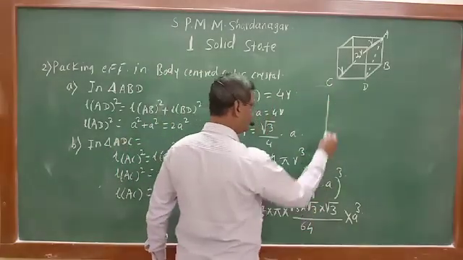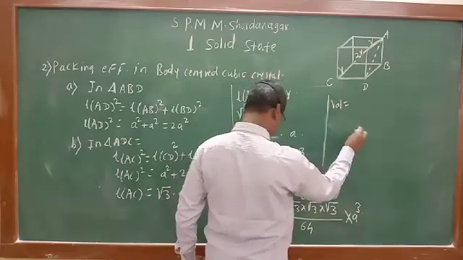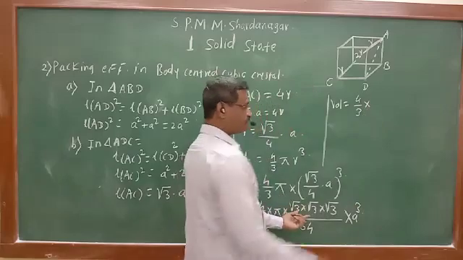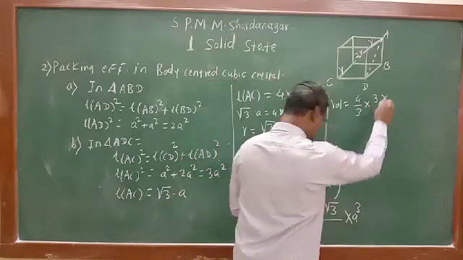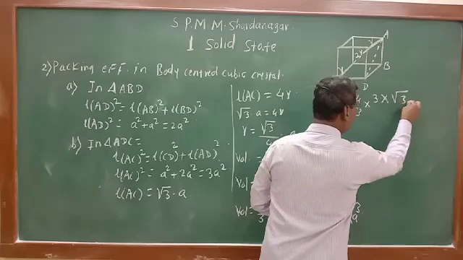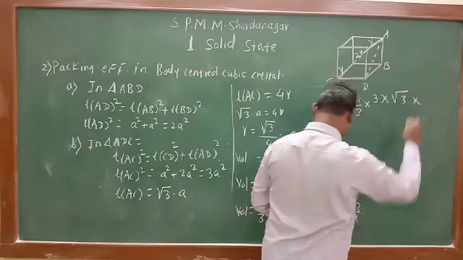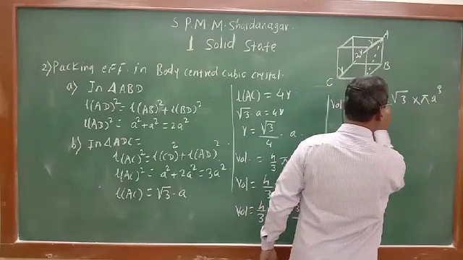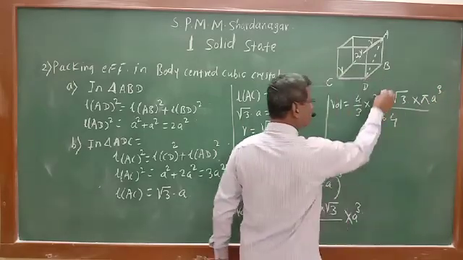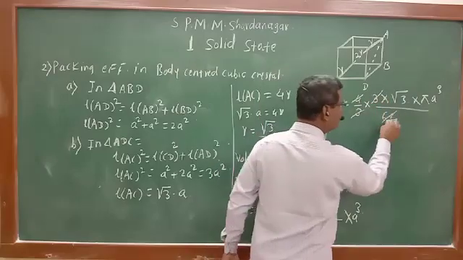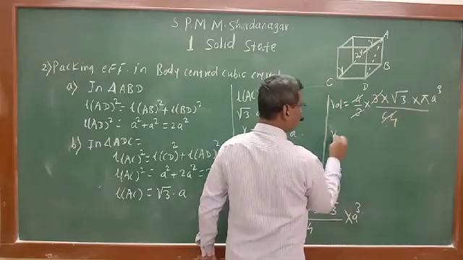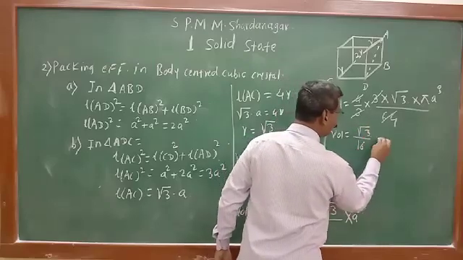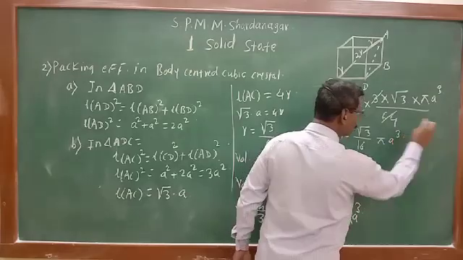See it carefully. Volume will be equal to 4 upon 3 multiplied by 3 multiplied by square root of 3 multiplied by pi A cube divided by 64, and solve this. 3 and 3 get cancelled, this becomes 16. So volume will be equal to square root of 3 divided by 16 pi A cube.